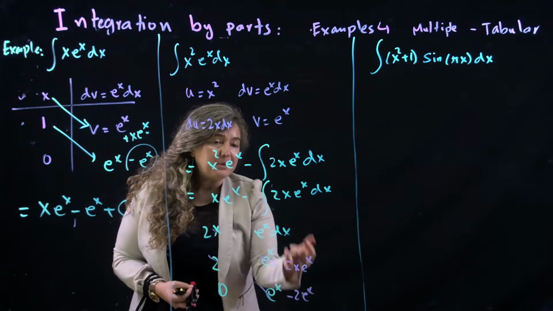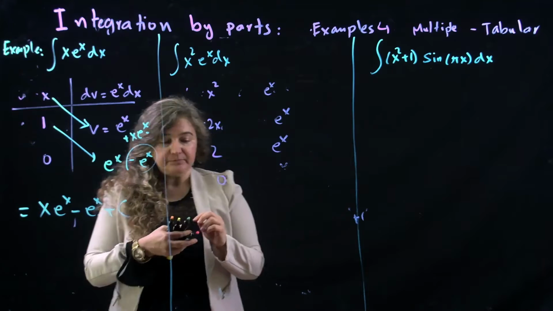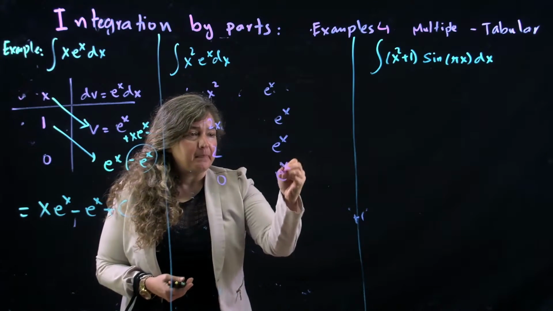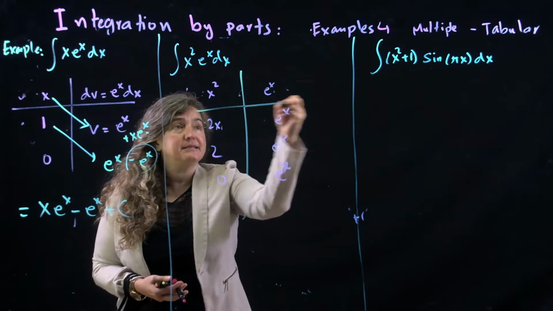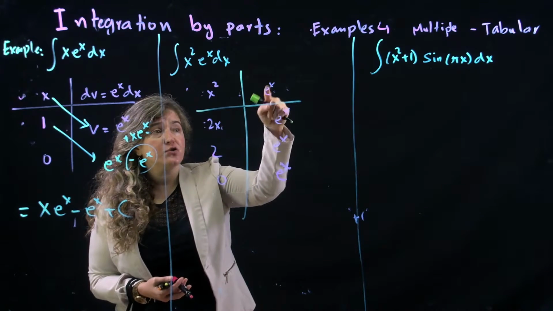Now you have to replace that back for this, and then in this table, those are the first choices.